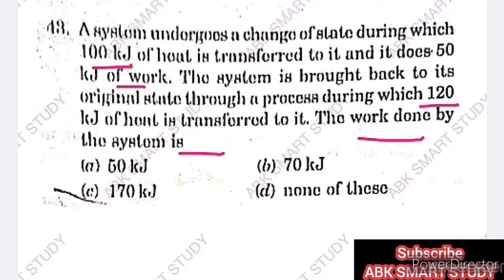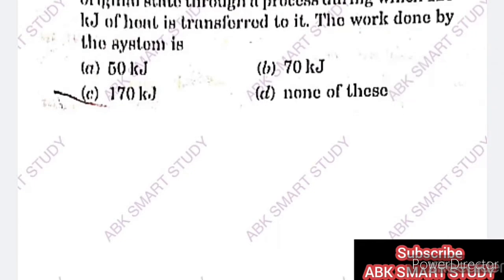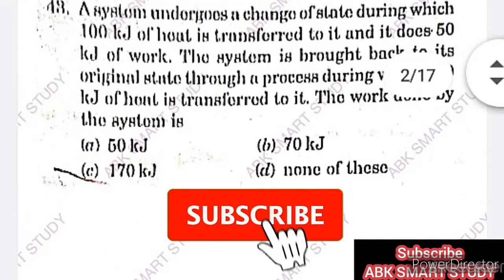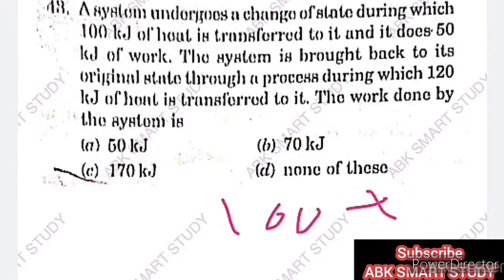So here the net heat transfer is equal to 100 kJ plus 120, so it is equal to 220 kJ, and here it does 50 kJ of work.